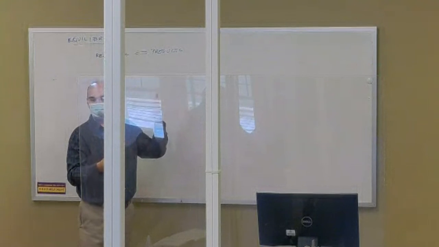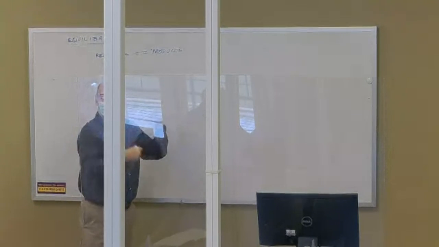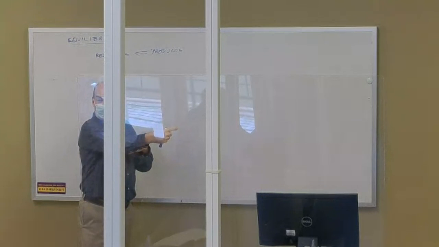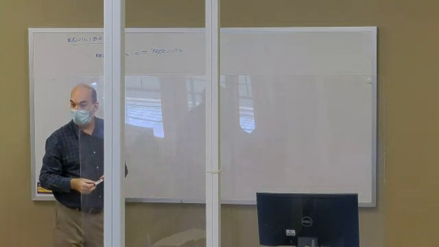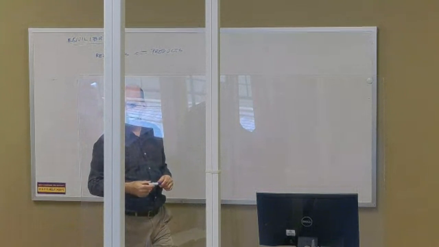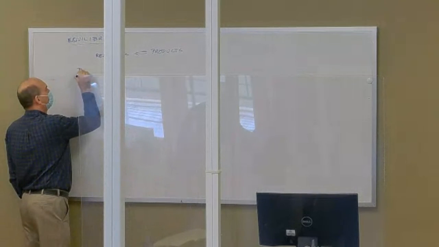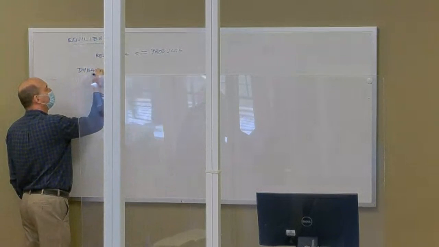So for every product that decides to turn back into reactants, a reactant has to turn into a product. And you get this churn that forwards equals backwards. So the equilibrium happens when the forward reaction and the reverse reaction equal each other. So it's dynamic.